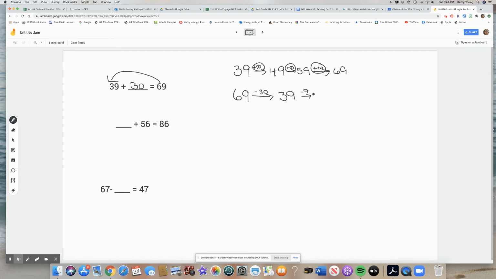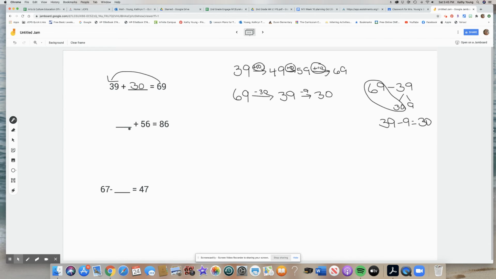So 39 minus 9. So that's going to give me my 30, the same thing. I could also do this as a number bond. 69 minus 39. I'm going to take my 39 and break it into a 30 and a 9. I've got 69 minus 30 is 39, minus 9 gives me a 30. So several different ways to do that.